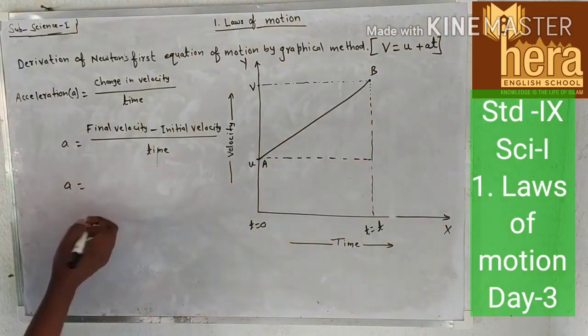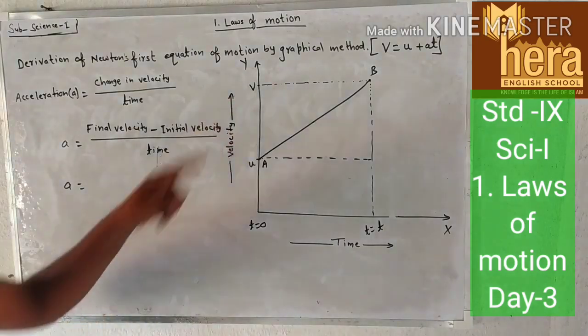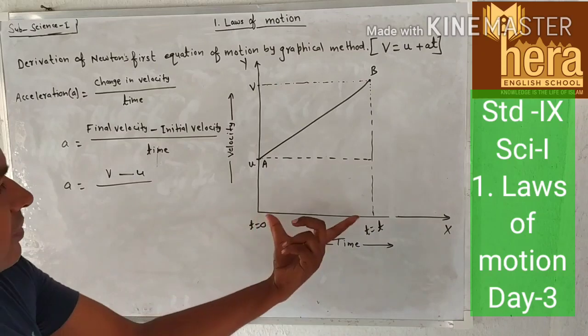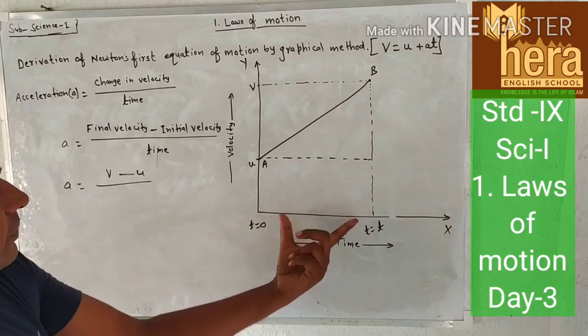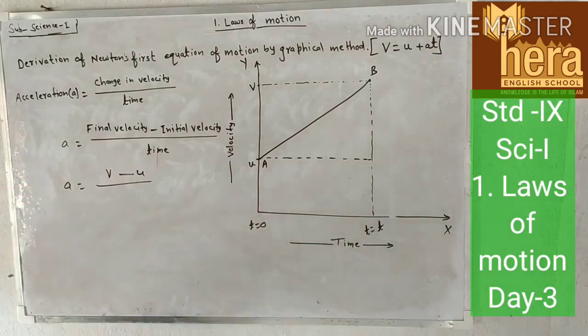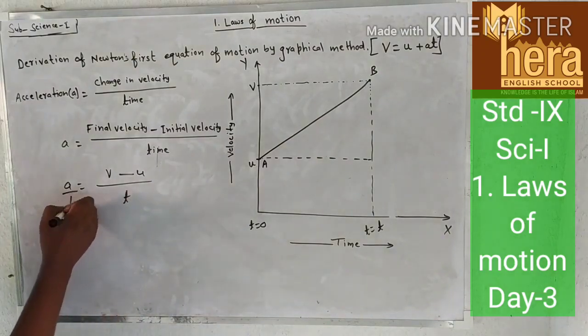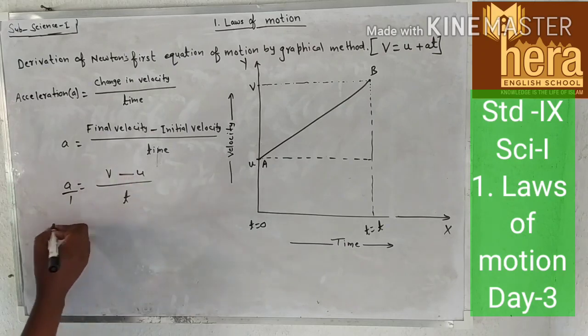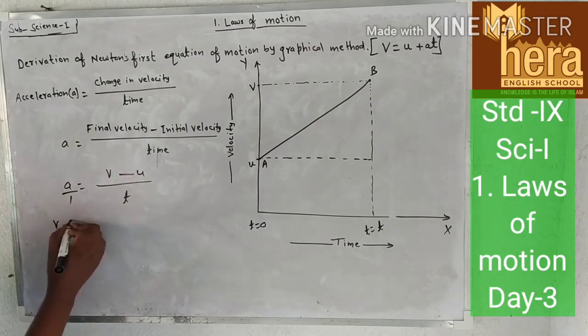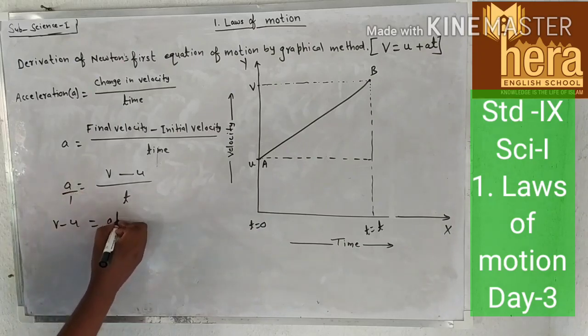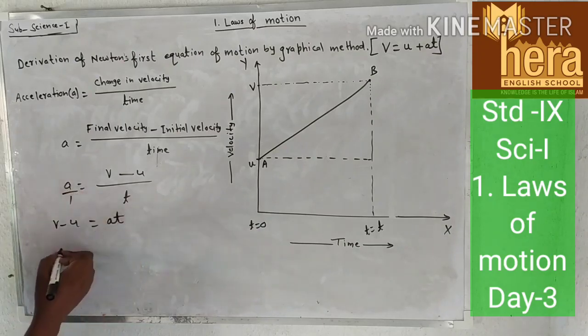So a is equal to v minus u upon total time t minus 0, that is t. Cross multiplication: v minus u is equal to a into t, that is at.